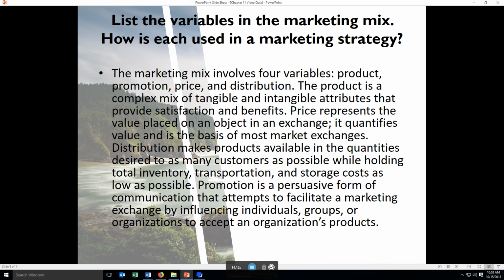Distribution makes products available in the quantities desired to as many customers as possible. Here, how many Buick dealerships do we need and where should we put them? Price, obviously, we price the car in a manner that goes after our market segment.